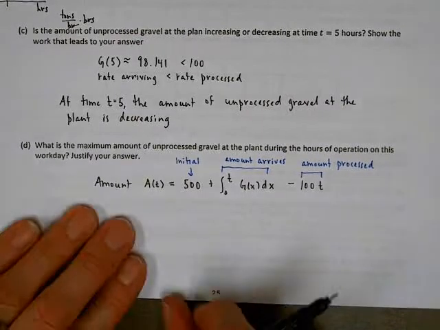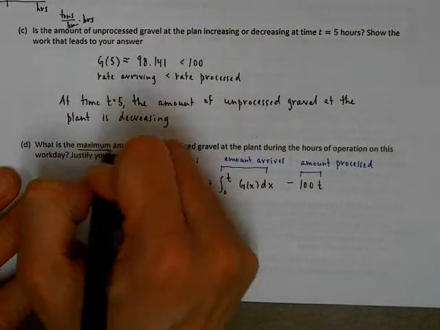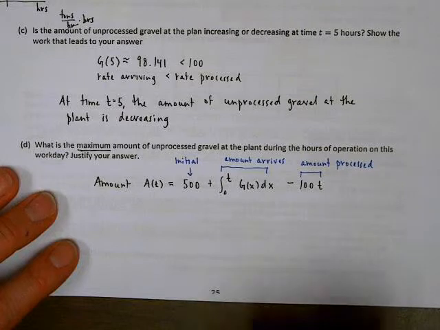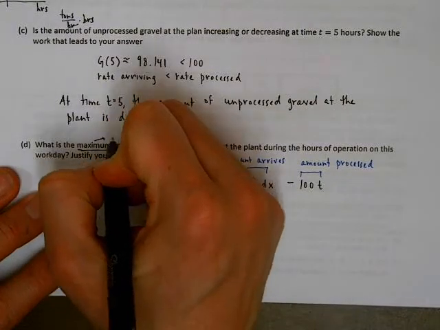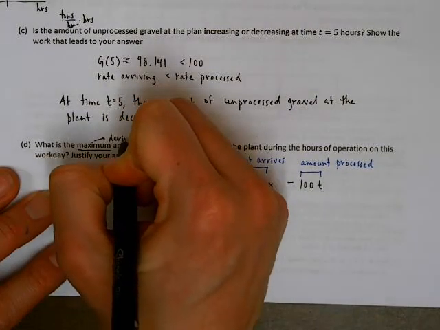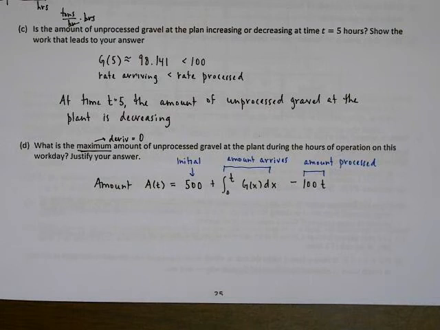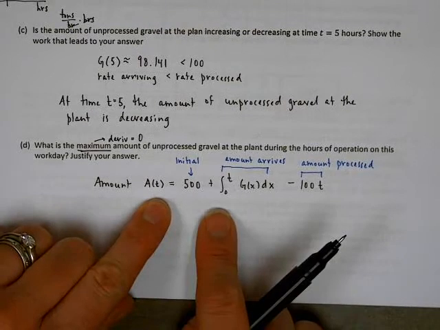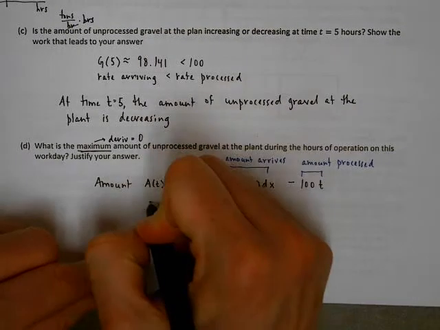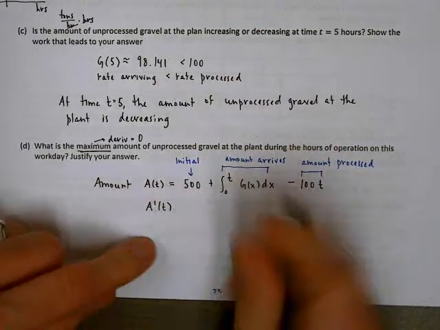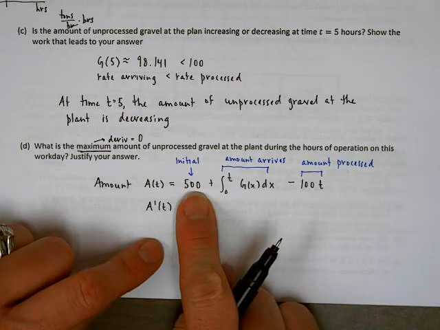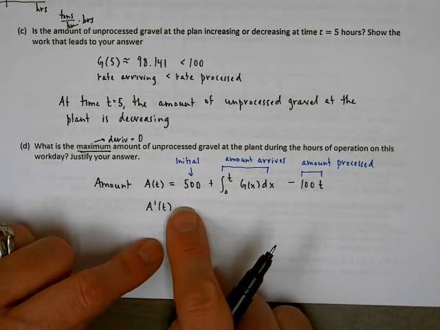So if that's the amount, to find the maximum amount, whenever I'm finding a maximum or a minimum, I know I have to take the derivative and set it equal to 0. Right? That was always our process for finding maxes and mins. So in this case, we're going to take the derivative of this function for the amount. So if I take A prime of t, well, the derivative of 500 is 0, so that's going to go away.